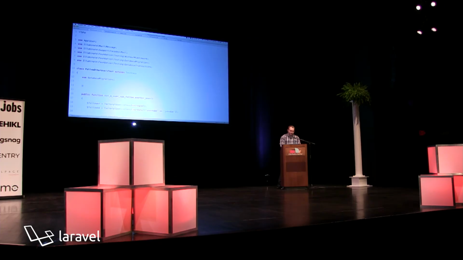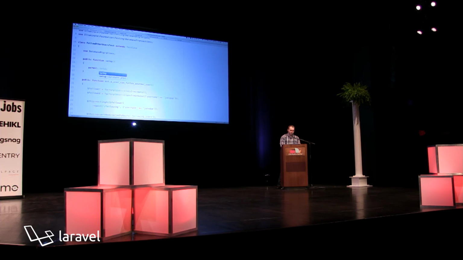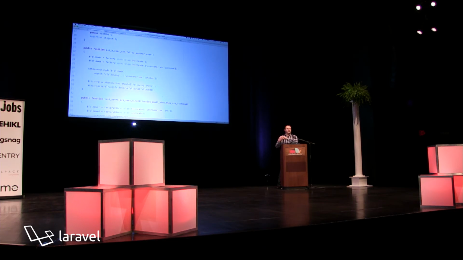So the way that we would use MailThief here is the first thing we would do is, in our setup method, tell MailThief to start intercepting all mail in the application. The way that you do that is by calling MailThief hijack. And if we make sure we import this facade here, now any mail that gets sent is going to go to MailThief instead of trying to actually send it out to an SMTP server or anything.